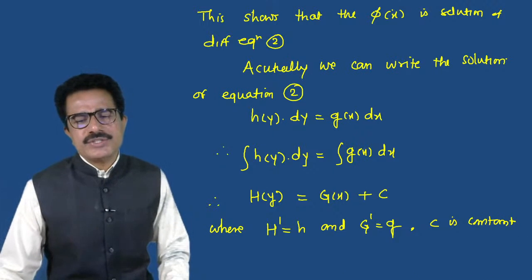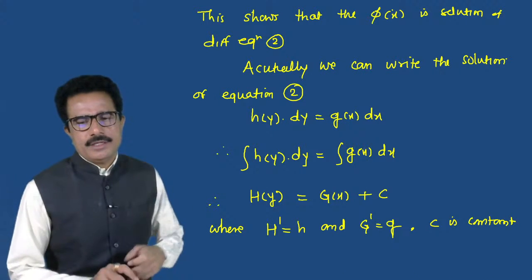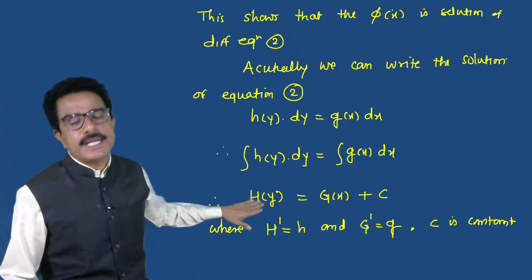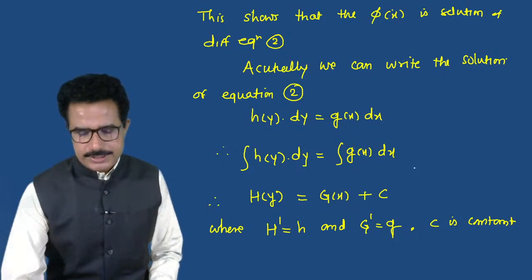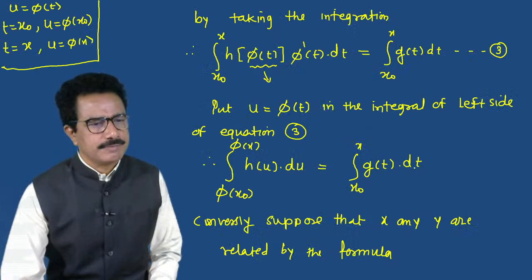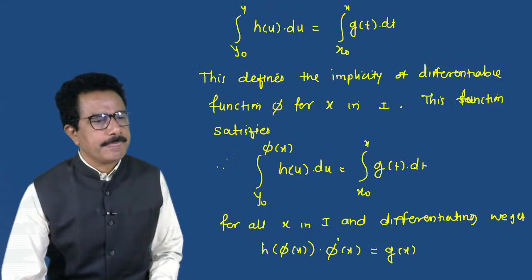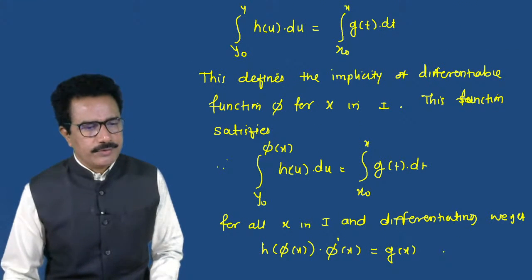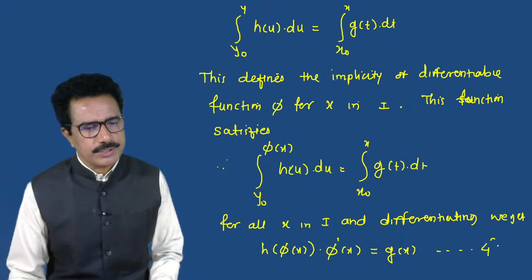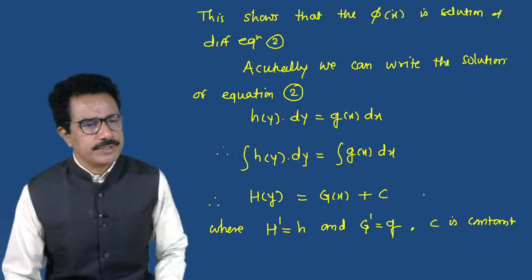So in short, we can get the solution in this form. Suppose this equation is 3, that is 4, 4 is the solution, and this is 5.